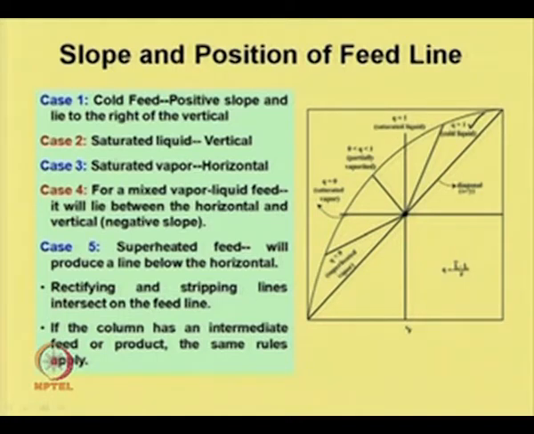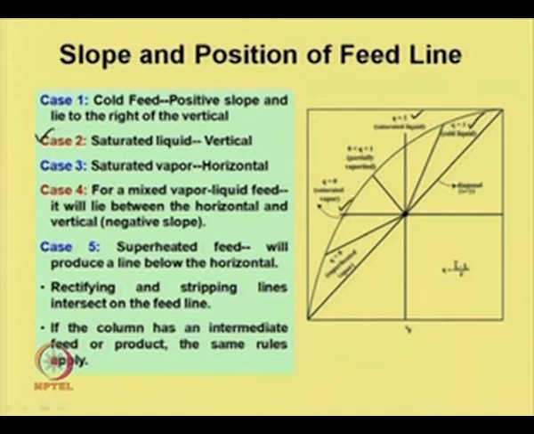Now, if it is saturated liquid, case 2, then q is 1. So, it will lie vertically, which is shown over here. Now, if it is saturated vapor, then q is 0. So, it will lie horizontally, which is shown over here.